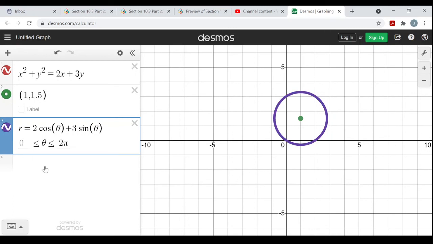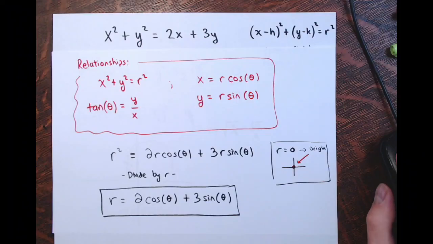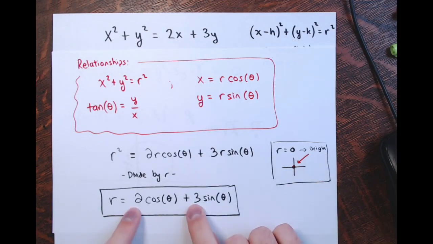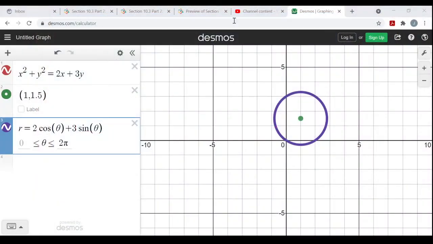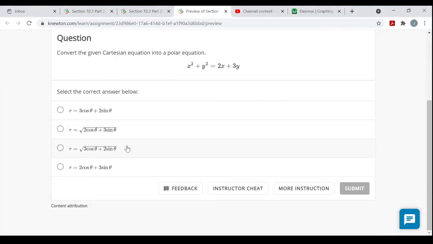It's the exact same curve. So this is what we're going to choose: r equals 2 cosine theta plus 3 sine theta back in the problem. So 2 cosine theta plus 3 sine theta gives me the same exact graph as this does in rectangular.